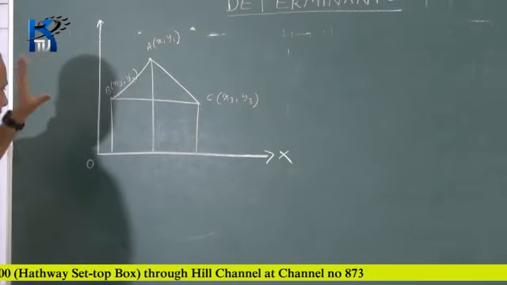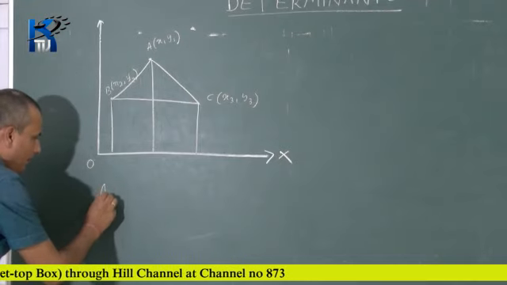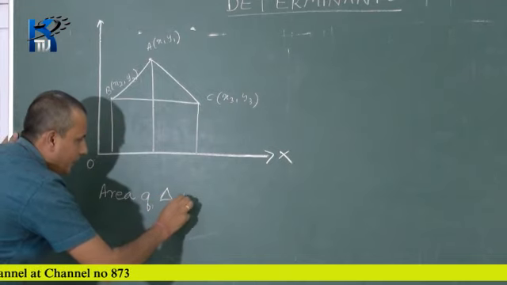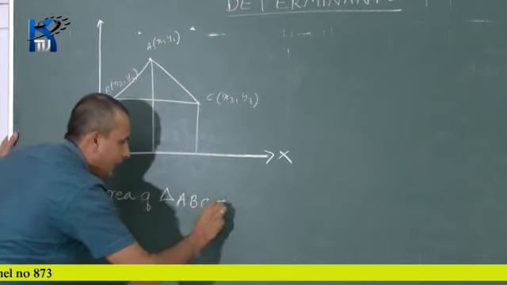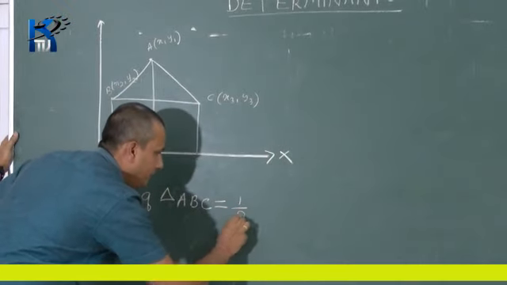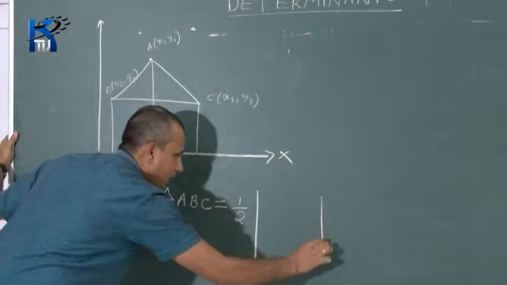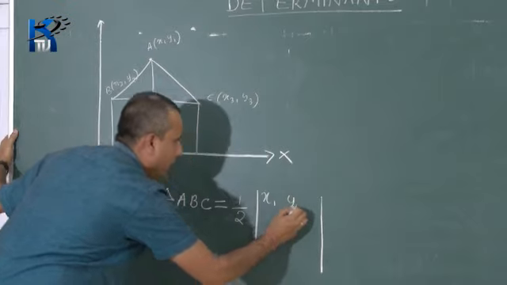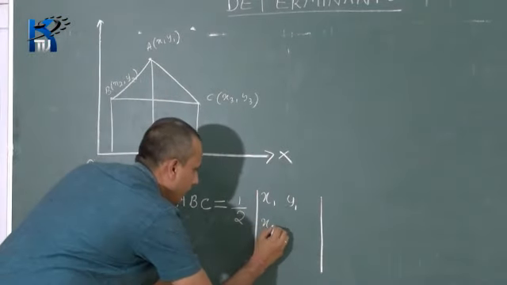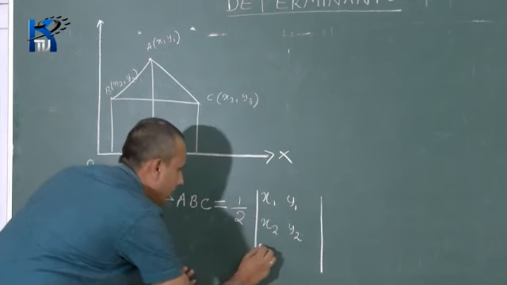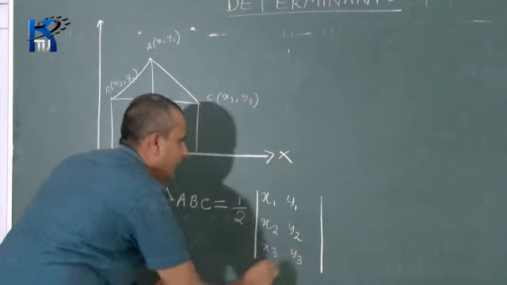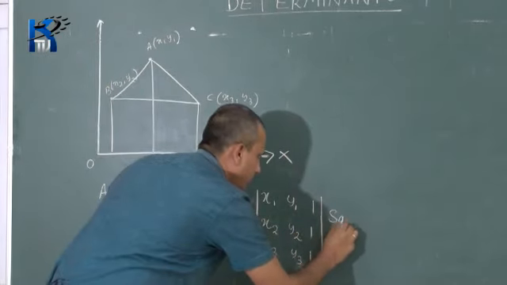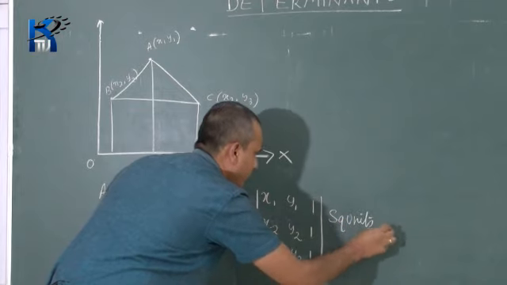This is the application of determinant, and the formula that you have to remember: area of triangle ABC with the help of determinant is half, then the determinant, then you have to write these coordinates: x1, y1, x2, y2, x3, y3, then 1, 1, 1, and I'll use square units.